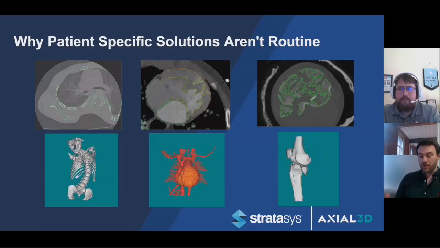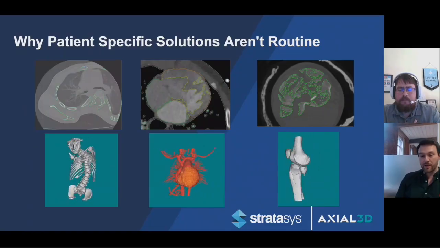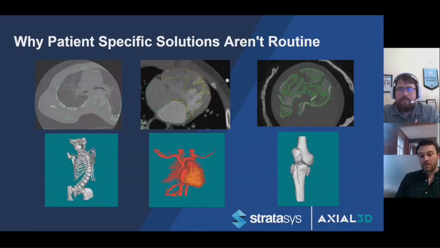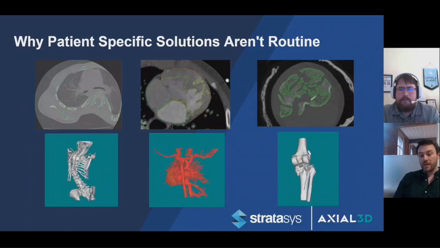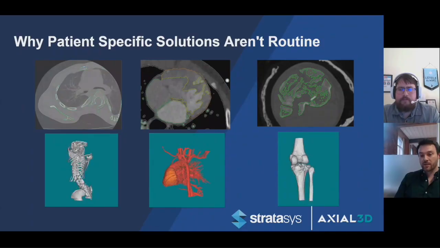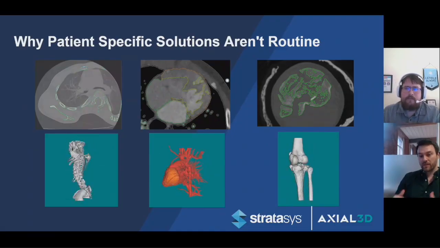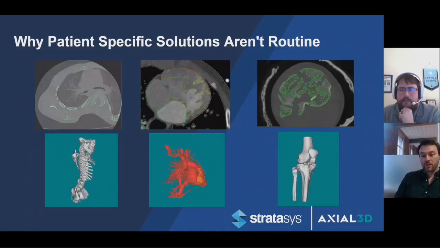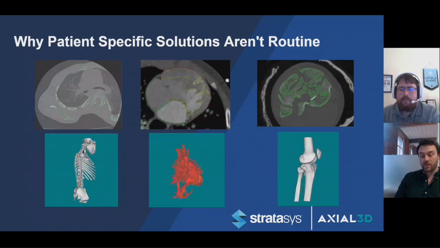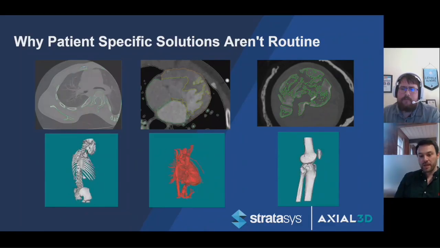No matter where it is in the body or what the imaging modality is, whether that's CT, MRI, PET, SPECT, we've built an infrastructure where all we need is data, and we can start curating large amounts of data to build these machine learning algorithms. So effectively, we have the infrastructure to build algorithms for any portion of anatomy in the human body, which means it's not limited to orthopedics and cardiology.